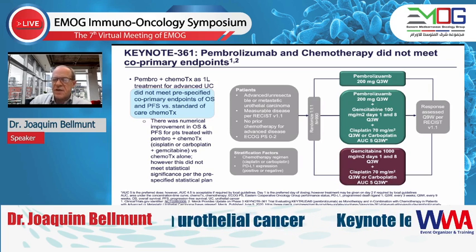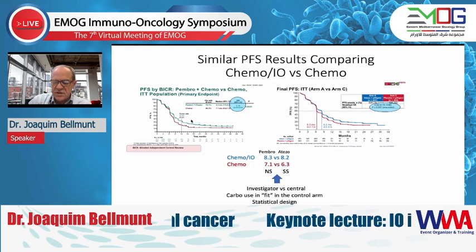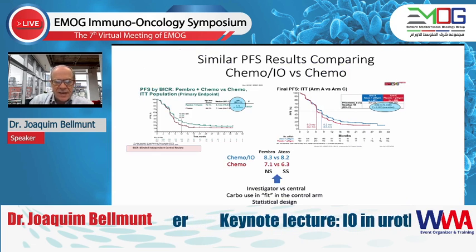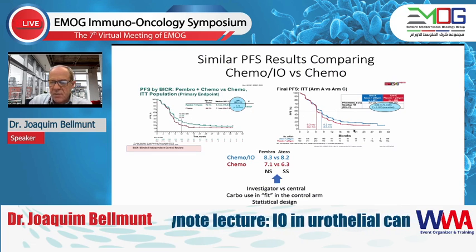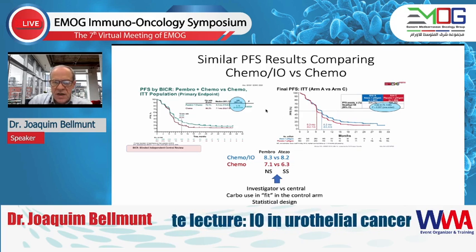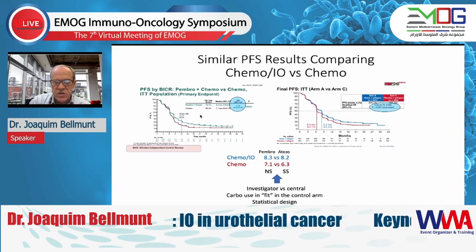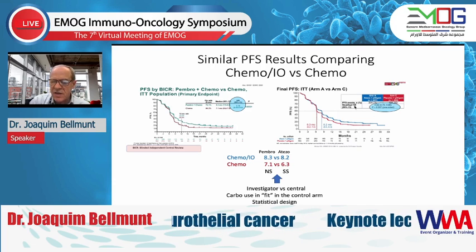So this trial was completely negative, despite that if we compare the PFS in the IMvigor 130 and in the KEYNOTE-361, we can see that the curves are quite similar, and the median PFS is quite similar, 8.3 months versus 8.2 months. Here it is 7.1 months because in this trial the PFS was independently assessed, while in this trial it was investigator assessed.